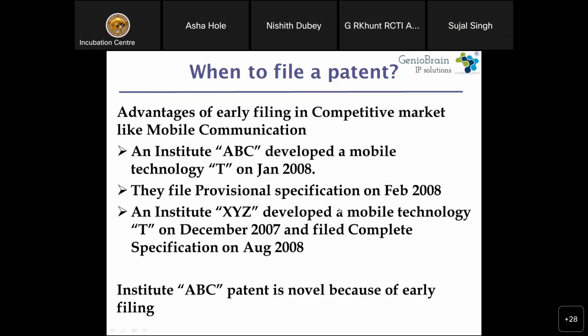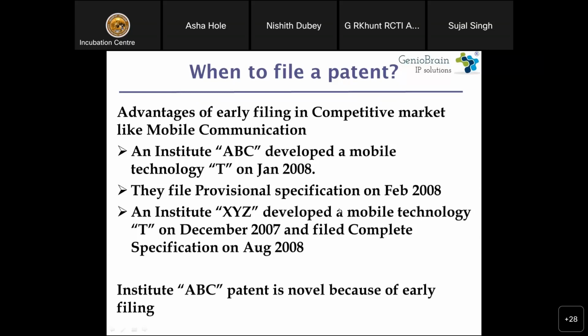How? For example, let's say Institute ABC developed some mobile technology T in January 2008. What ABC did was file a provisional application, let's say in February 2008. So in January 2008 they developed the technology, and in February 2008 they filed the provisional application.